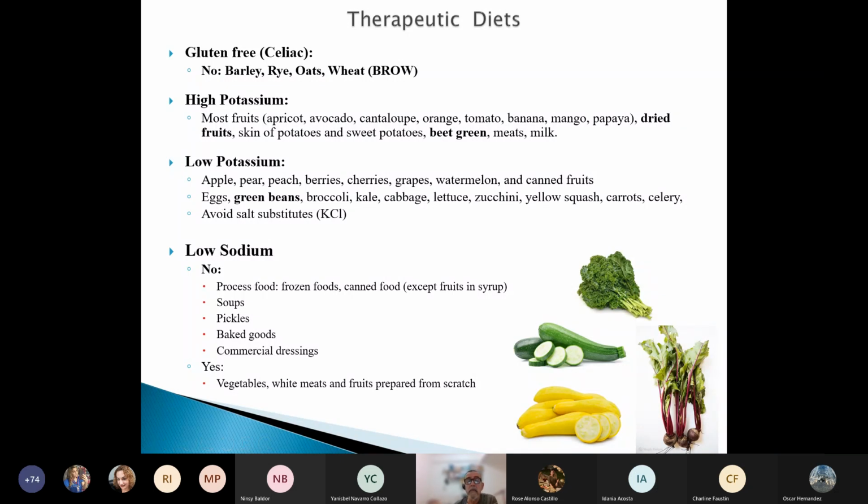Yes, go ahead. Green veggies are not rich in potassium. That's what I thought. The green, like broccoli, kale. Yes, are not rich in potassium. That's why they are included in a low potassium diet. So I saw that they were green and they were good and high in potassium. No. This list, okay. We can double check.